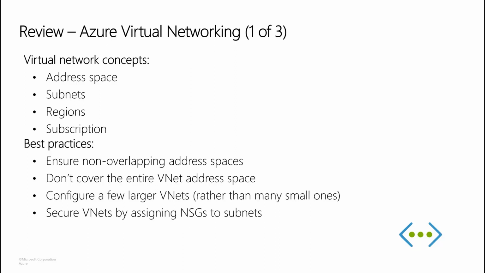As you build your network in Azure, it is important to keep in mind the following universal design principles. So ensure non-overlapping address spaces. Basically, as a beginner, every time you create a virtual network, the default address space Azure will show is 10.0.0.0/8 or /16, so people tend to use that.